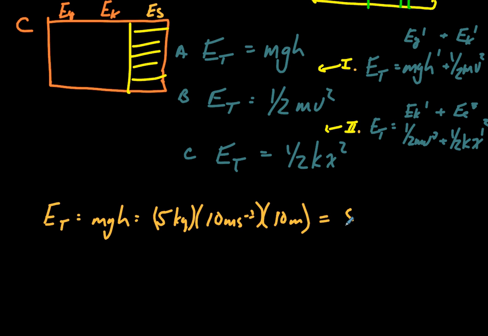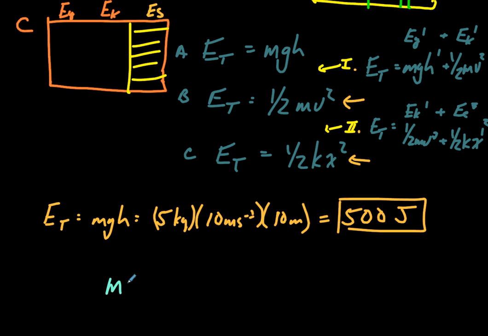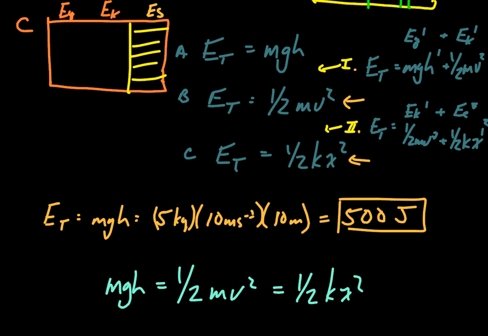So we could say then that this system at any time will always have 500 joules. If we know that, we can then solve for other things. And we can make all of these things equal to each other at different points in the system. The mgh to begin with will all become the 1/2 mv squared later, and it will all become the 1/2 kx squared at the end.